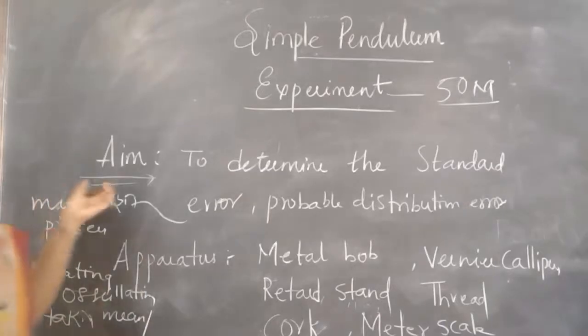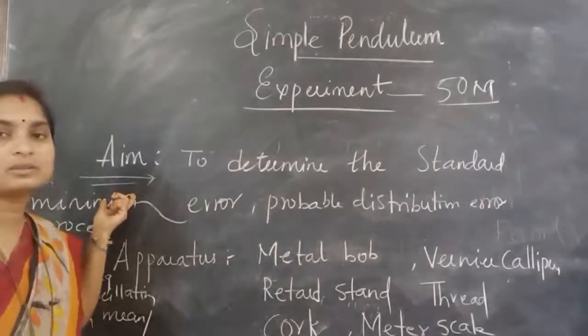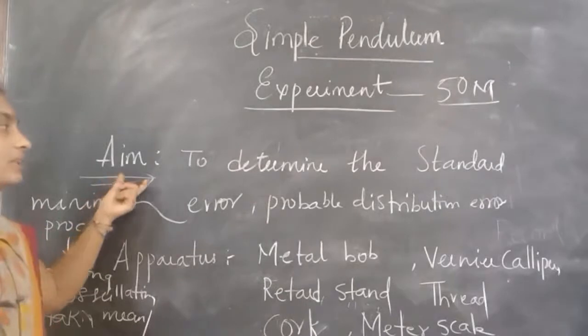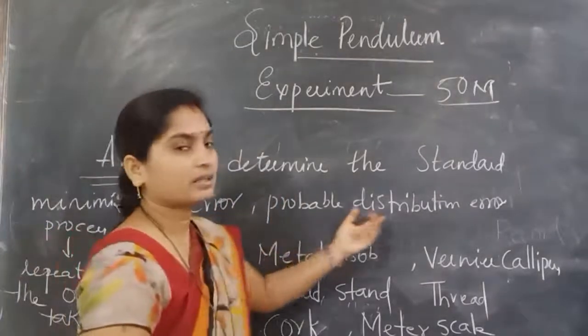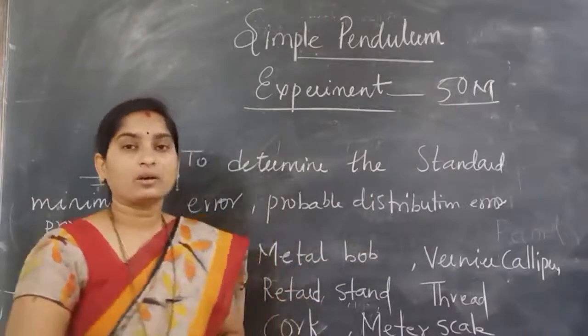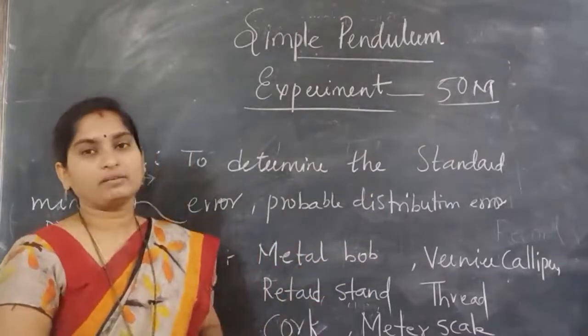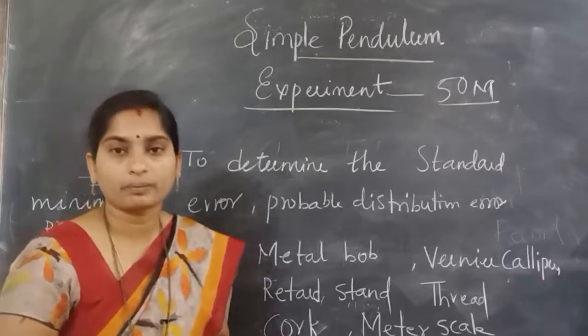That is what we are performing in this experiment. So what is the aim of our experiment? It is to determine the standard error and probable error distributions in our physical way by using some equipment.